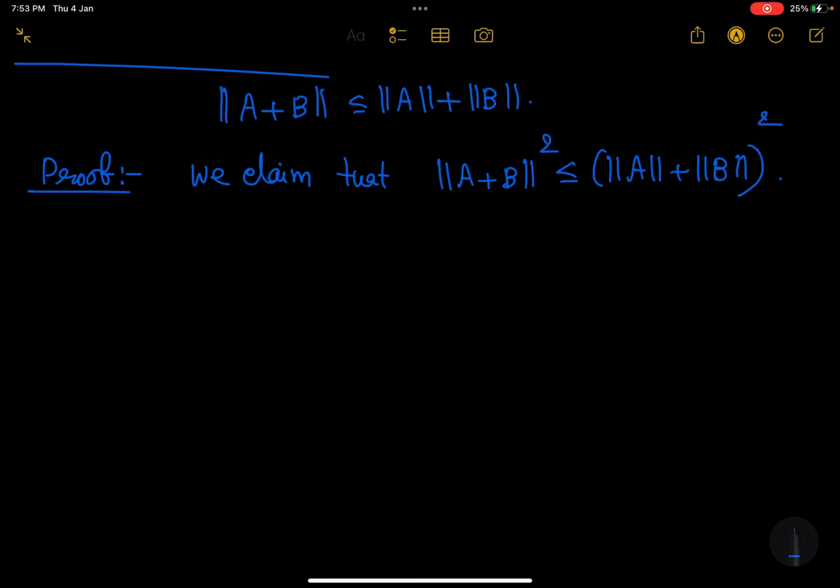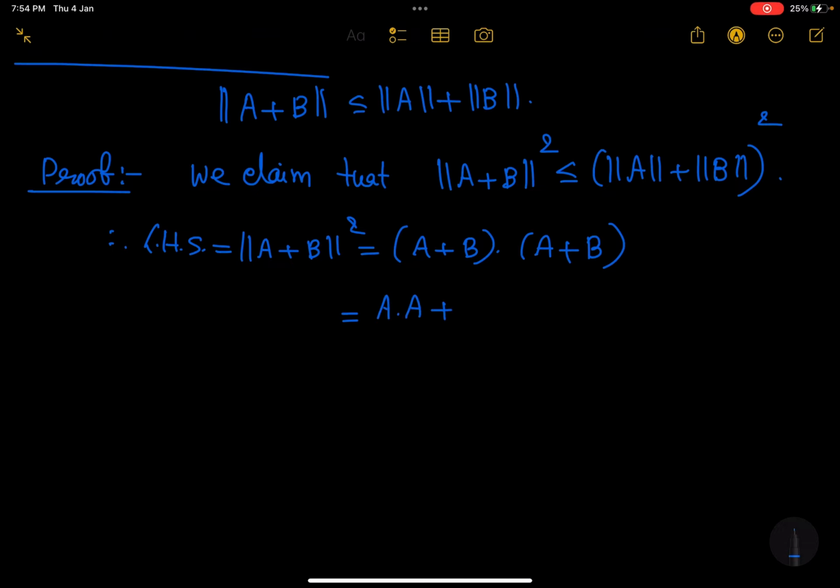Okay. So what is the left hand side? It is norm of A plus B whole square. By definition, this is A plus B dot A plus B. Now use the distributive property. We get that this is equal to A dot A plus 2 times A dot B plus B dot B, which is norm of A whole square plus 2 times A dot B plus norm of B whole square.